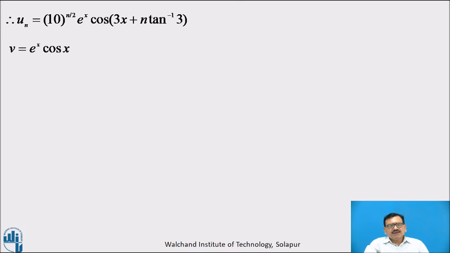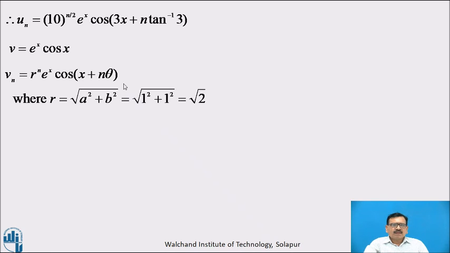Now we will consider v, and therefore the nth derivative of v is r raised to n e raised to x cos of x plus n theta, where r is equal to square root of a square plus b square. Here a and b are 1, so square root of 1 square plus 1 square, that is square root of 2. And theta is what?